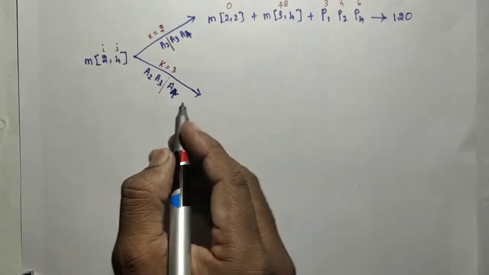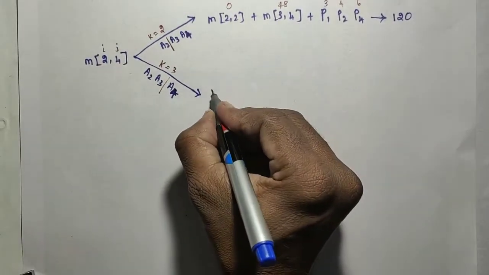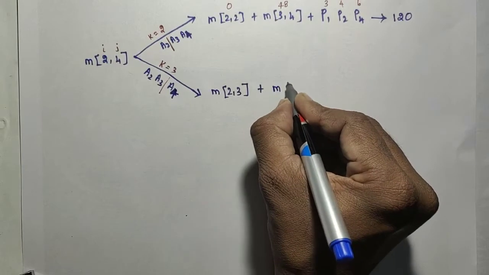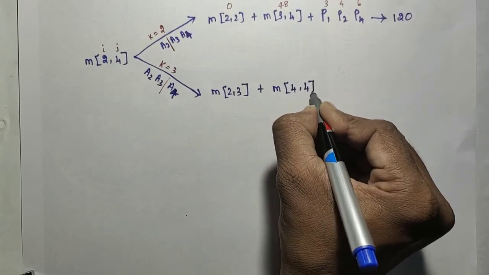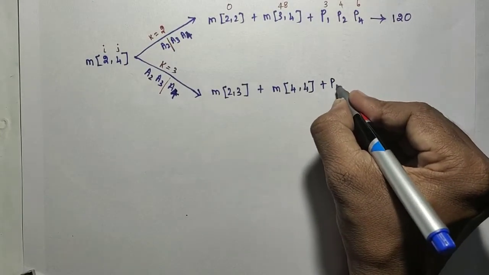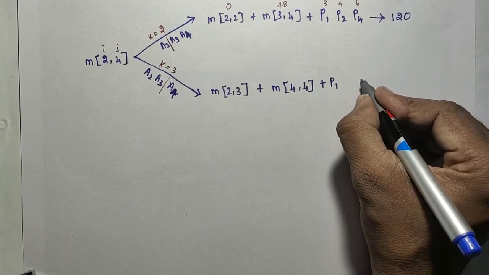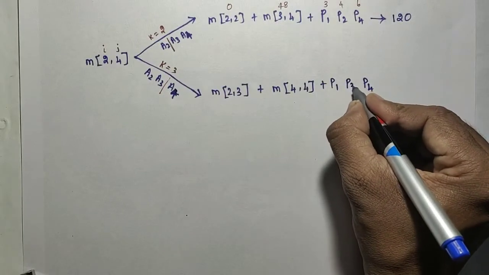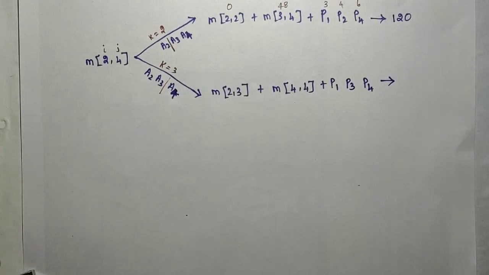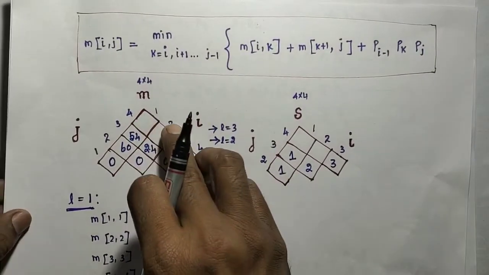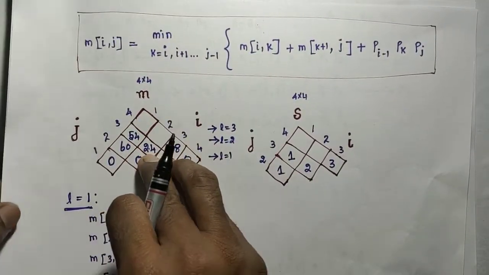Now that is m of 2 comma 3 plus m of 4 to 4 plus p of I minus 1, that is p1, pj last, that is p4, and pk in the middle, that is p3. Now these values will be taken from the table. 2 comma 3 is 24.